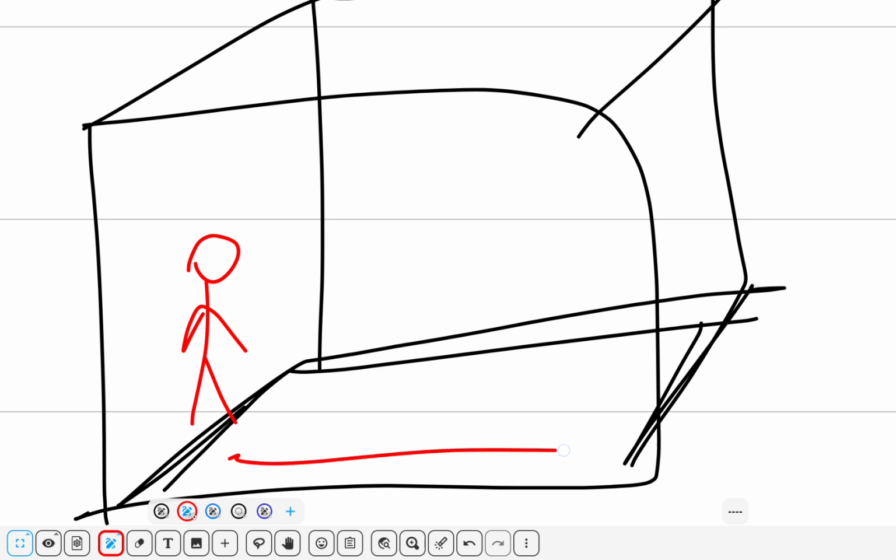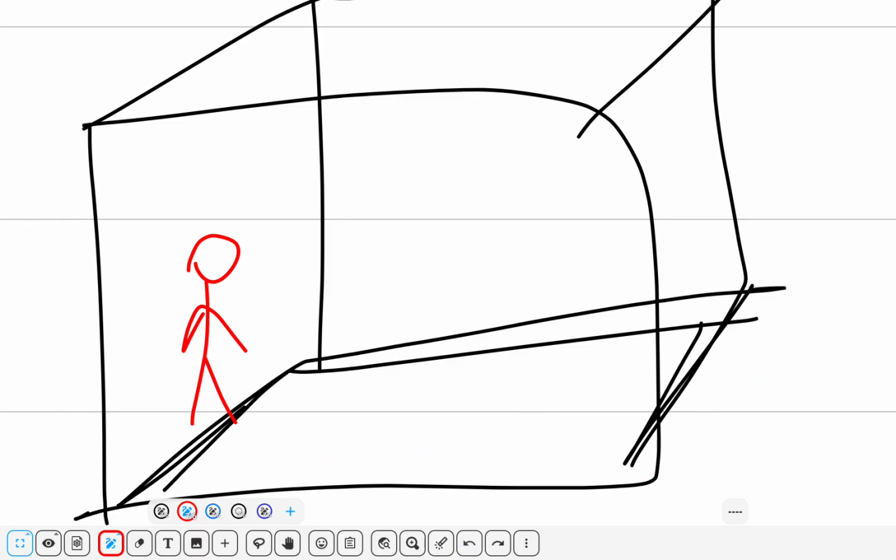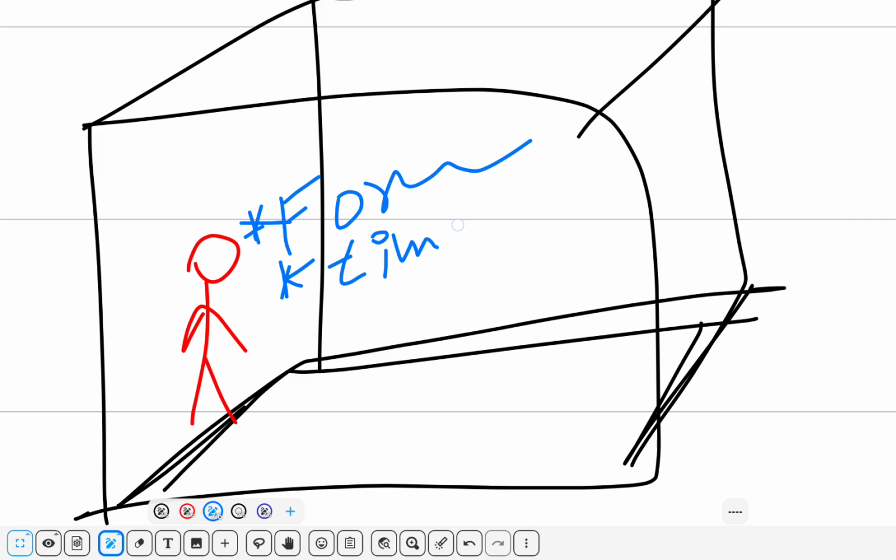You know everything inside this cube: how much force there is everywhere, what the time is everywhere, the length, everything.